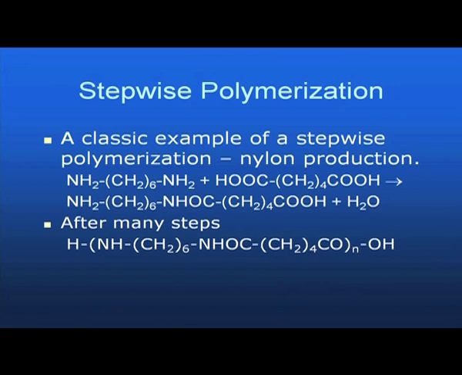So, let us take this example: NH2 (CH2)6 NH2, and this is basically the formation of CONH. It is not a peptide bond, it is an amide bond formation. This amide bond is there in proteins as a kind of peptide bond. So, this NH2 reacts with this one.